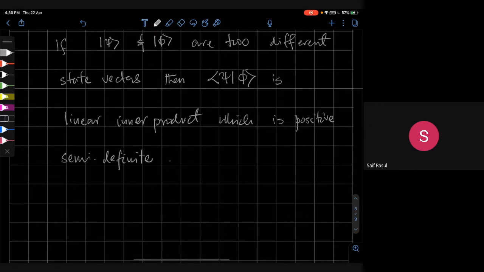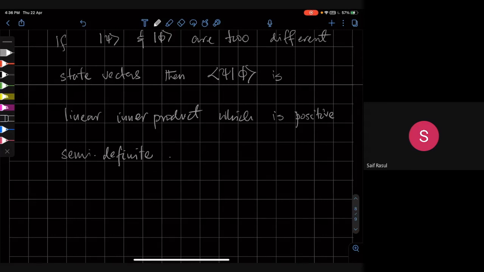So what does positive semi-definite mean? It means that if you take this thing and take its inner product with itself, that is either 0 or greater than 0.